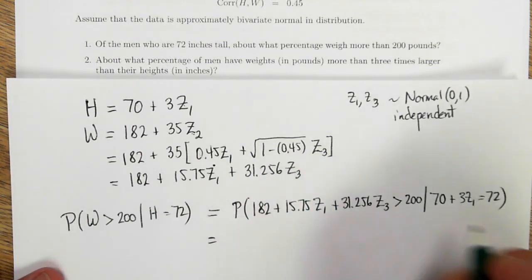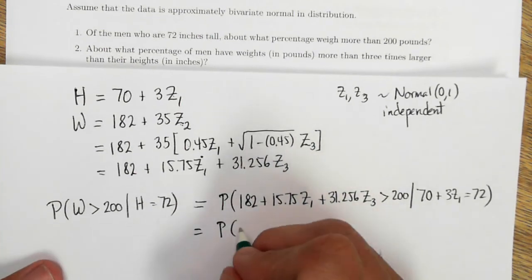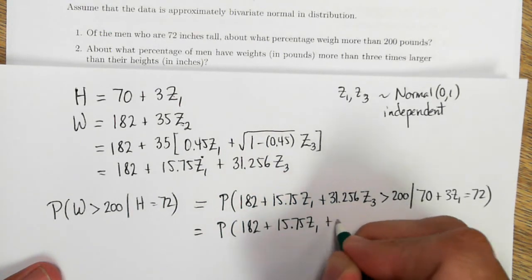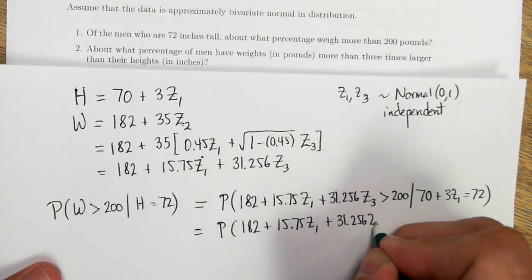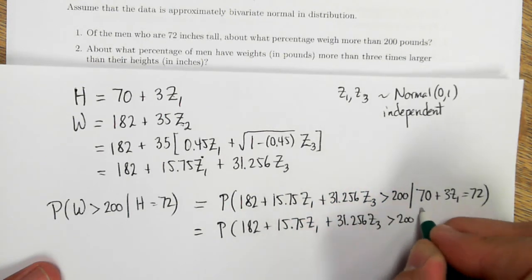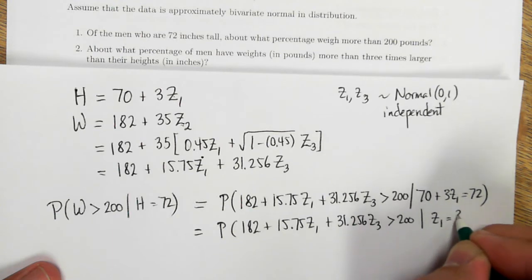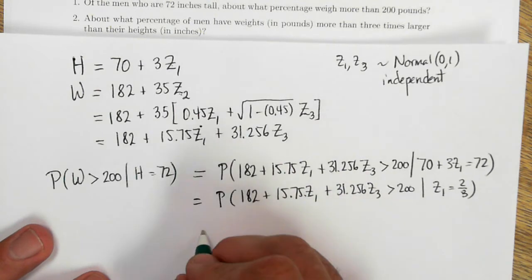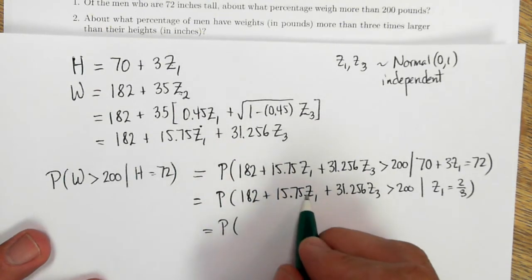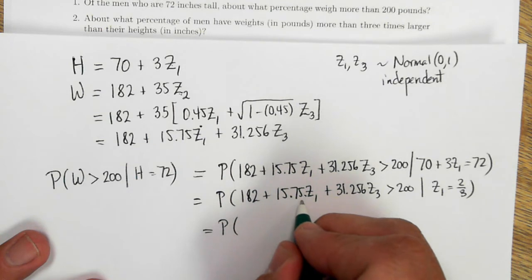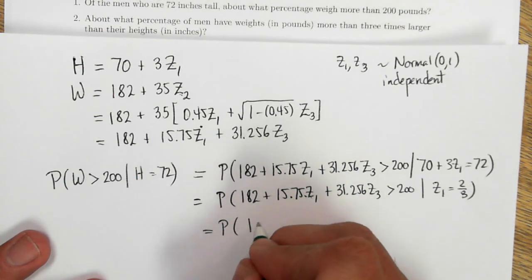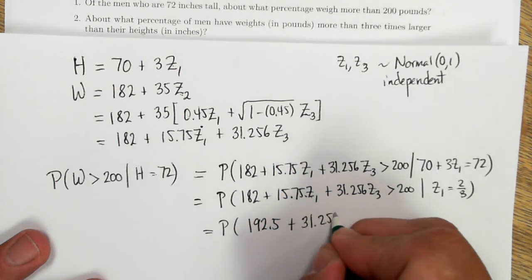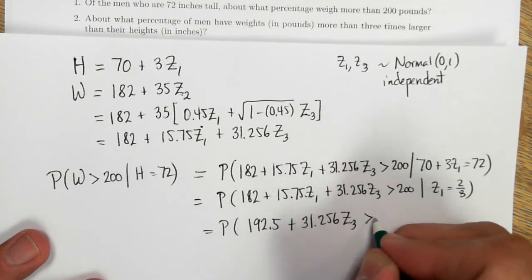Okay, so that's the probability that we have 182 plus 15.75 z1 plus 31.256 z3 is greater than 200, given that z1 is exactly equal to 2/3. So I can plug in 2/3 into here. If I plug in 2/3, I get 15.75 times 2/3 plus 182 is 192.5, plus 31.256 z3 is greater than 200.